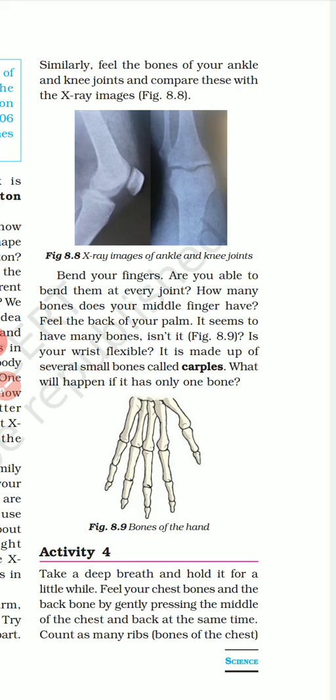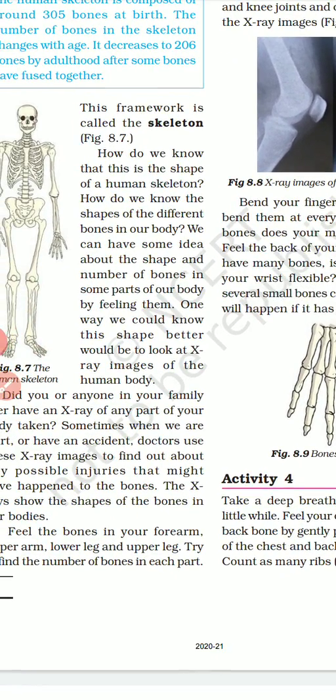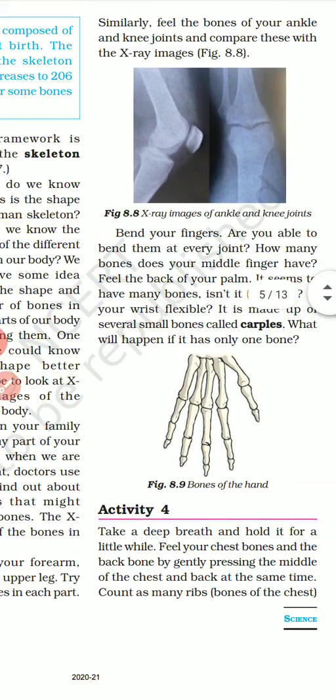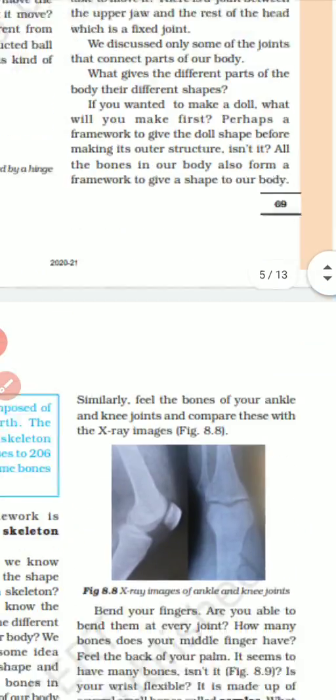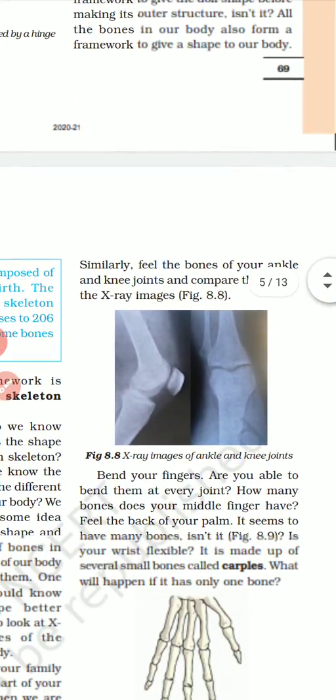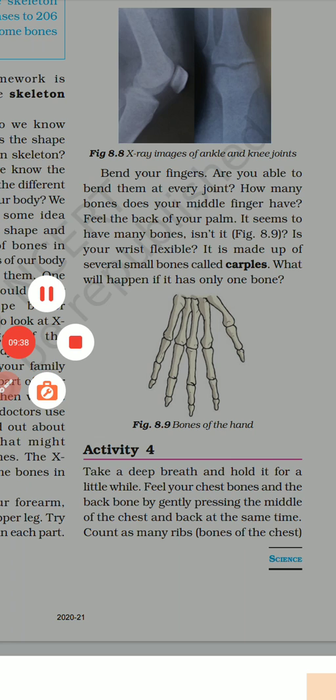So children, here you have to draw the diagram of the whole skeleton. If you have a picture of an X-ray, you can show me the X-ray, or then you have to draw the bones of the hands also.